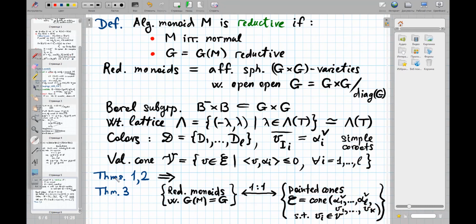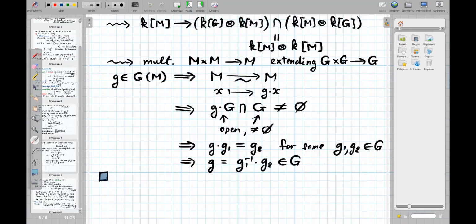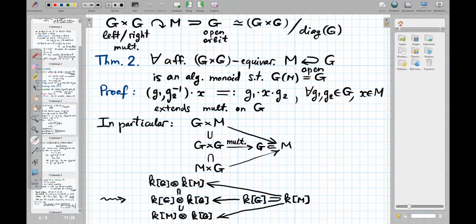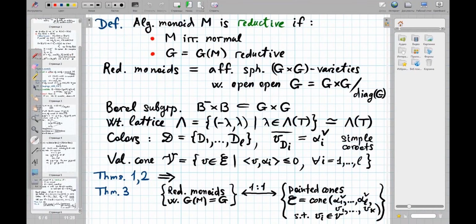This theorem immediately follows from the previous two, because theorem 2 says that reductive monoids with the group of invertibles G are the same as affine G cross G equivariant open embeddings of G. Theorem 1 is the first theorem today.